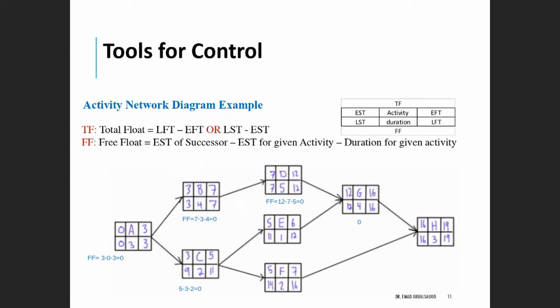For E, we will have 12 minus 5 minus 1. So it will be 12 minus 5 minus 1, and that will give us 6 as the free float. For activity F, we will have 16 from activity H as the early start time, minus 5, the early start time for F, minus 2.